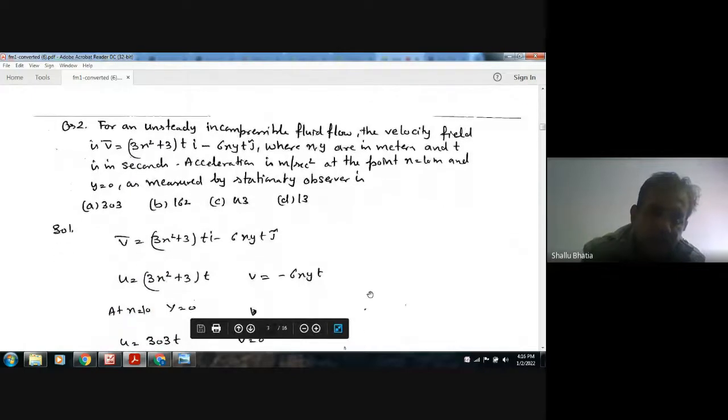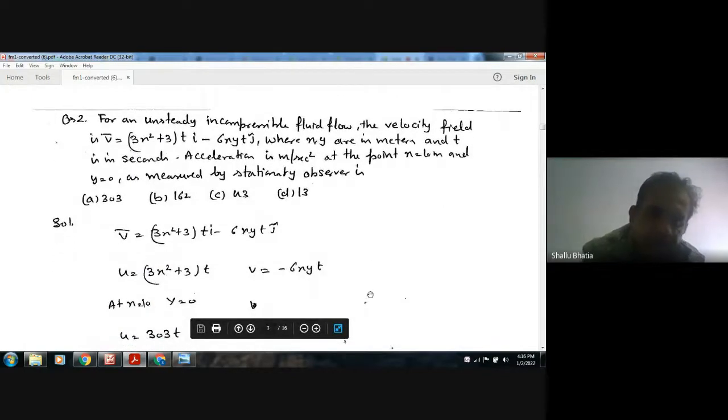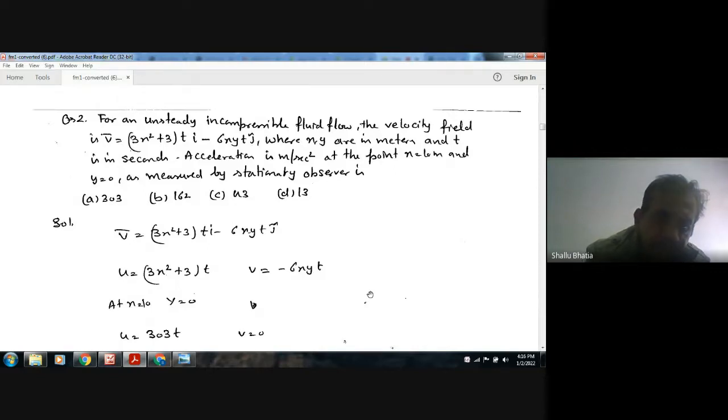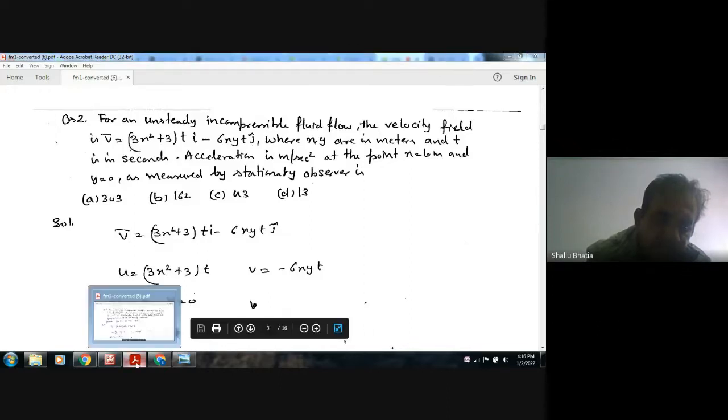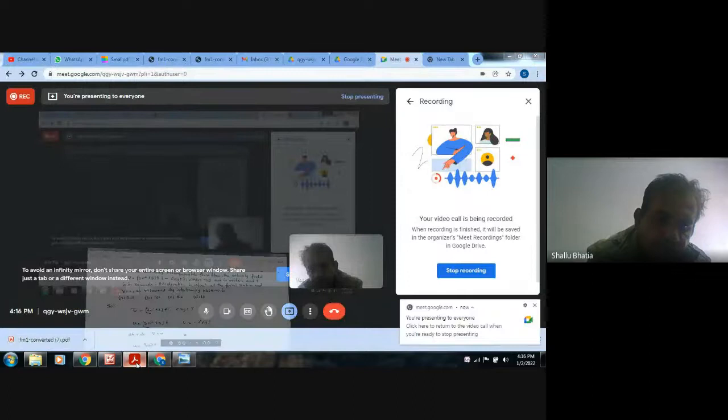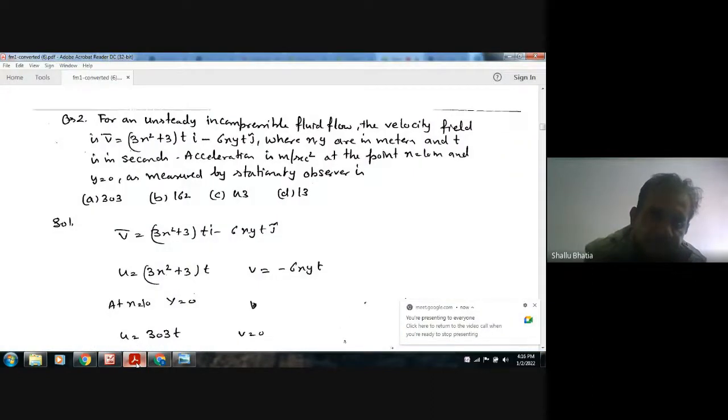Next, for an unsteady incompressible fluid flow, the velocity field is V equals (3x square plus 3t) i minus (6 by t) j, where x and y are in meters and t in seconds.